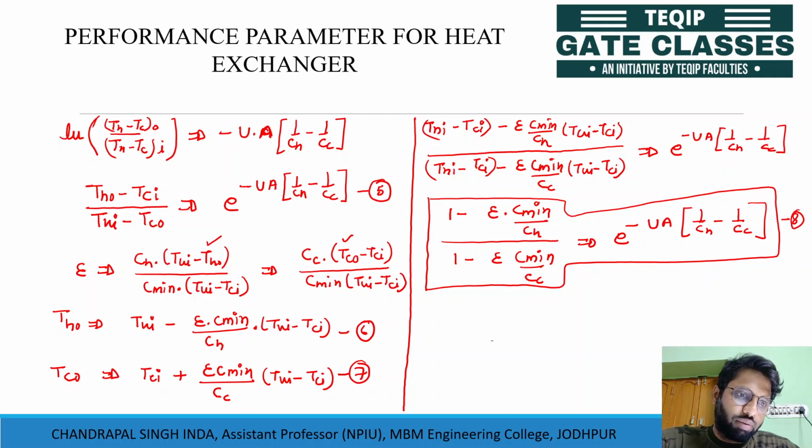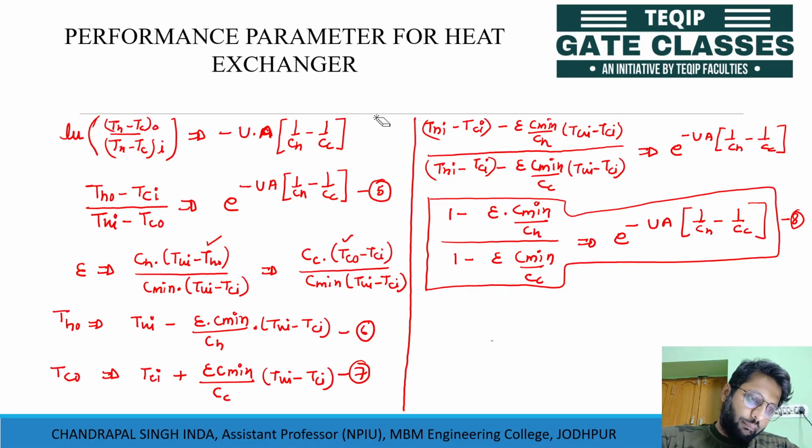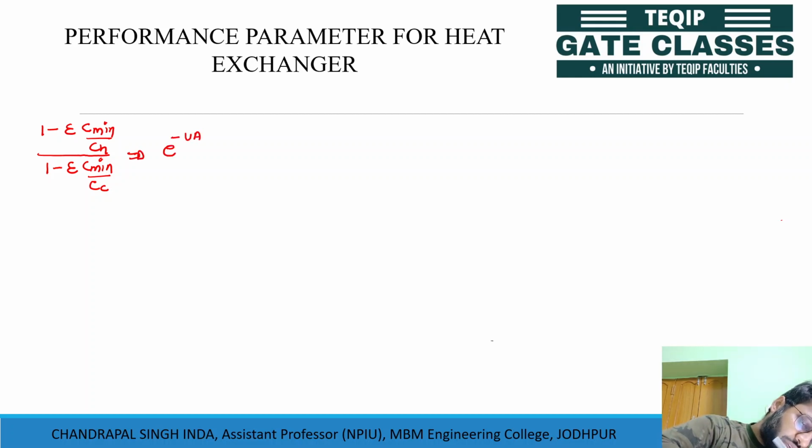So let's write the equation number 8 on the next page. It will be equal to 1 minus effectiveness C minimum by Ch divided by 1 minus effectiveness C minimum by Cc will be equal to e to the power minus UA (1 by Ch minus 1 by Cc).